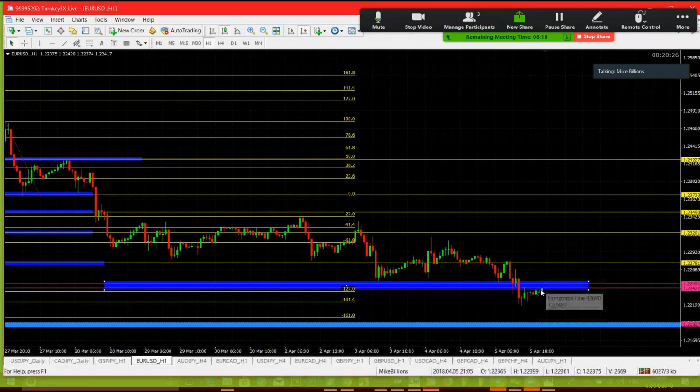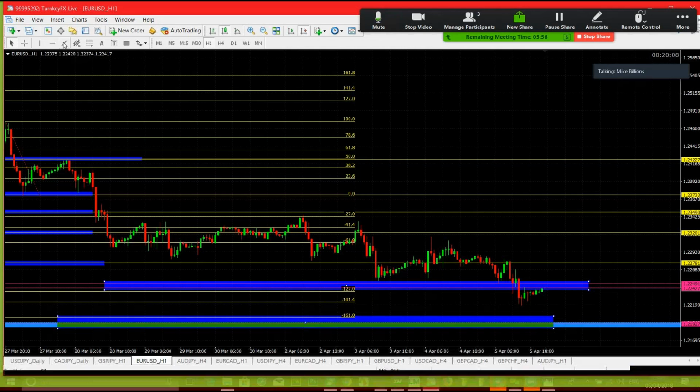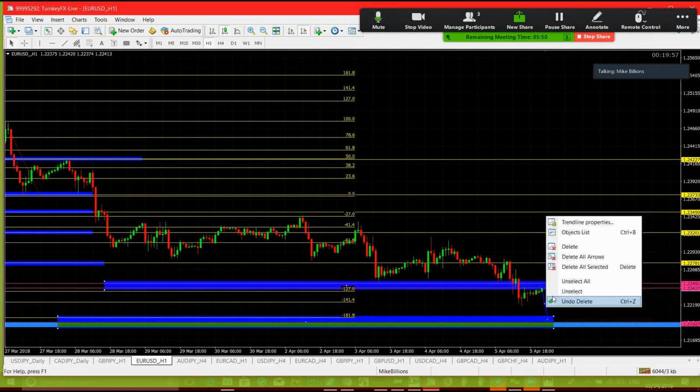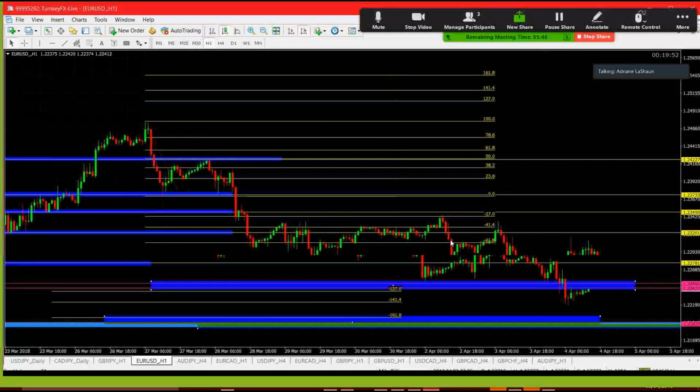And it's going back to test that level to come down more. So I may say that this may get to, and look at my 161. It's another level. So I may be bent to believe that this would definitely come down to this level. So it's just that extra confirmation that this gives to you. Doesn't necessarily mean that it's going to win every time, but the more the merrier. Better to just have it.